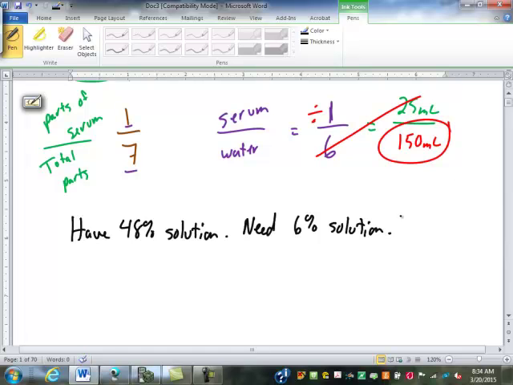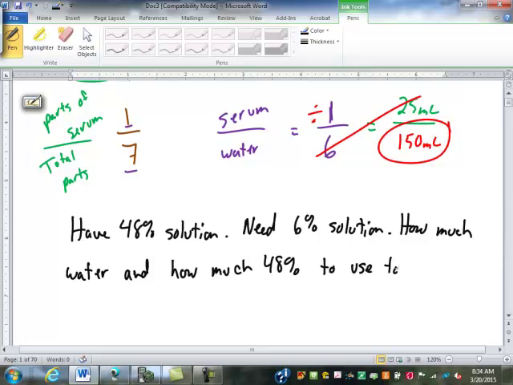And the question was, how much water and how much of the 48% to use to create 240 milliliters of the 6%.